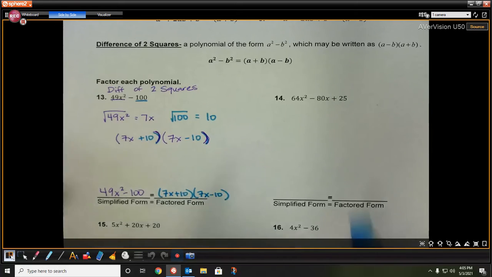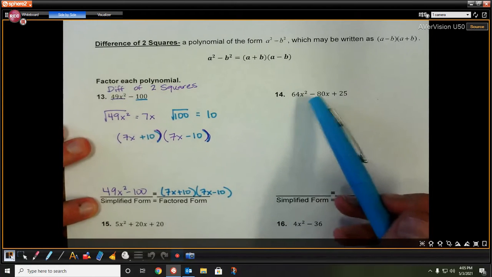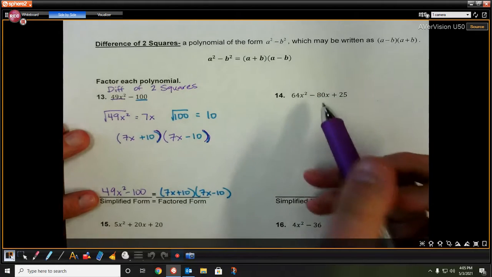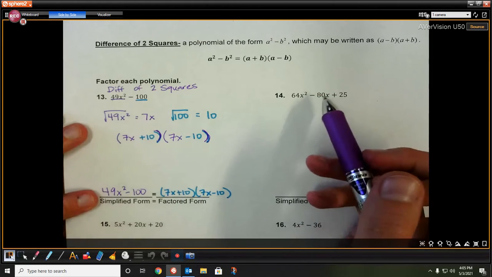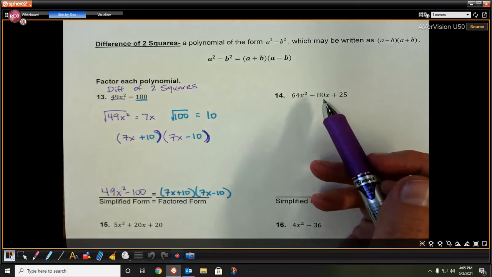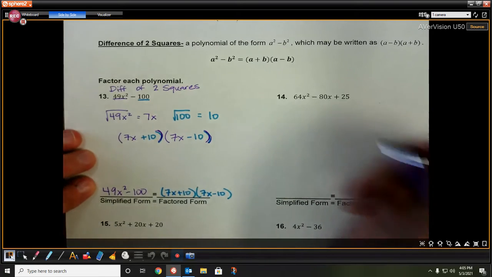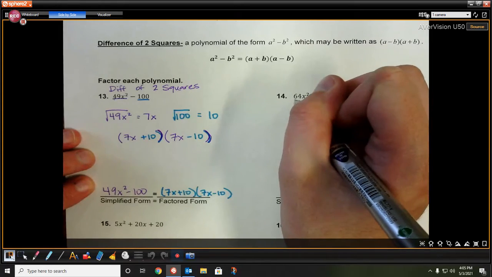All right, now we're going to go over here to number 14. This particular one is a trinomial. I think it was a little bit off on a couple people's papers, but that is supposed to say minus 80x.